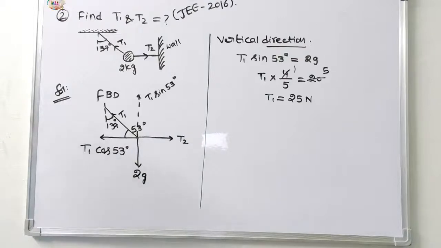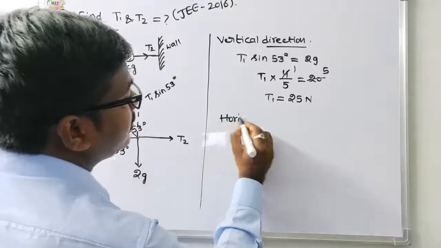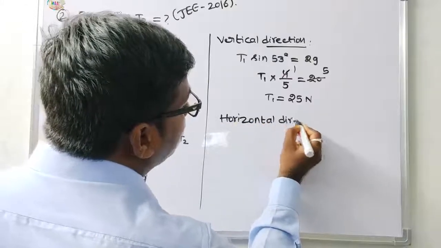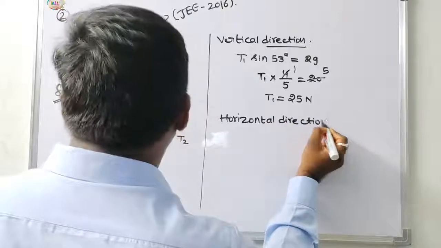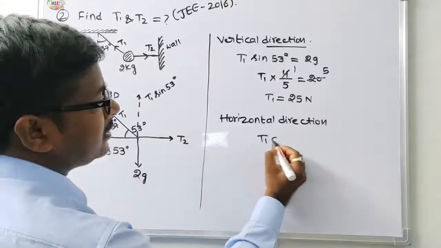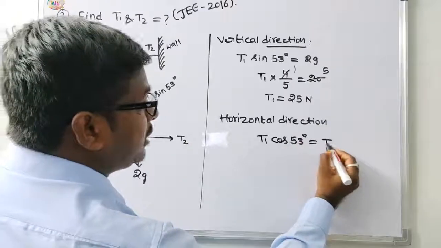Next, find out T2. Taking the horizontal direction, T1 cos 53 degrees is equal to T2.